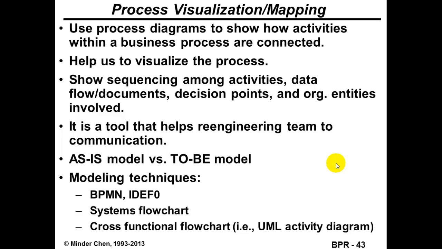There are a variety of modeling techniques, including Business Process Modeling Notation, called BPMN, IDEF0, the generic system flowcharting tool, or cross-functional flowcharting tool, which is equivalent to UML's activity diagram. UML stands for Unified Modeling Language.